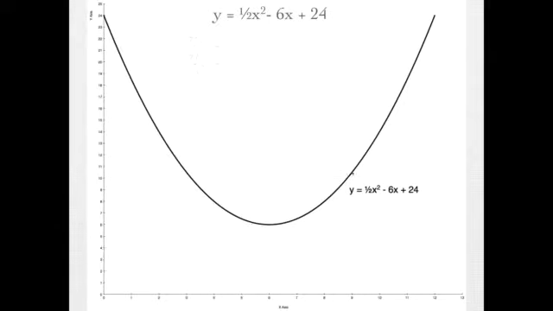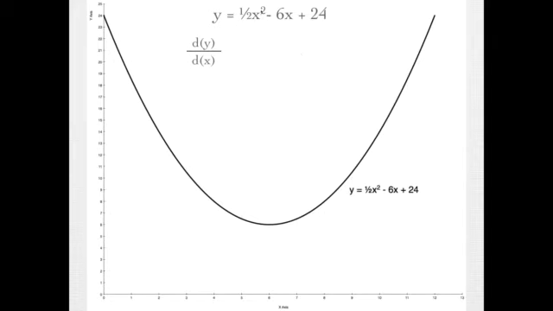Let's make this a little more complicated and go to higher level exponents. I have y is equal to 1/2 x squared minus 6x plus 24. Again, we know that the derivative of a constant is equal to 0, so this is going to be equal to 0. So all we're really going to be concerned with is this first part of the function, 1/2 x squared minus 6x.